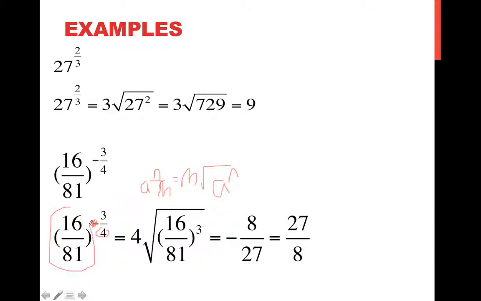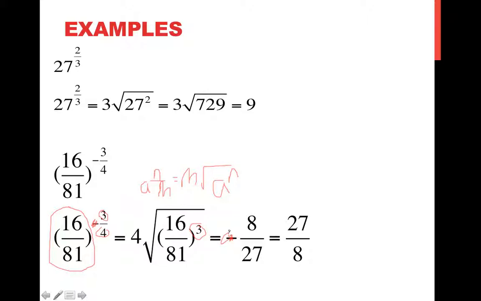It's a fraction. Don't be scared because it's a fraction. It's not a whole number. Don't worry. Put that in, and then we cube it because that's n. So I put this into the calculator, and you should get 8 over 27.